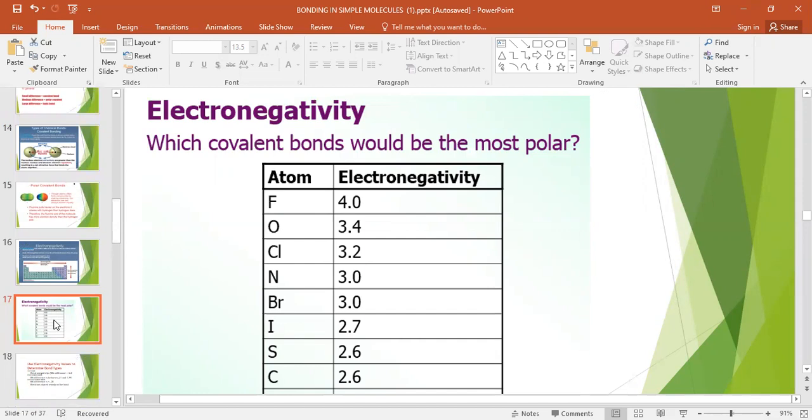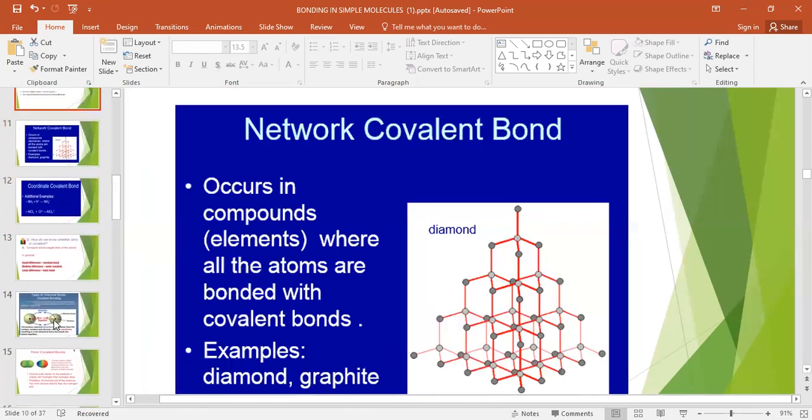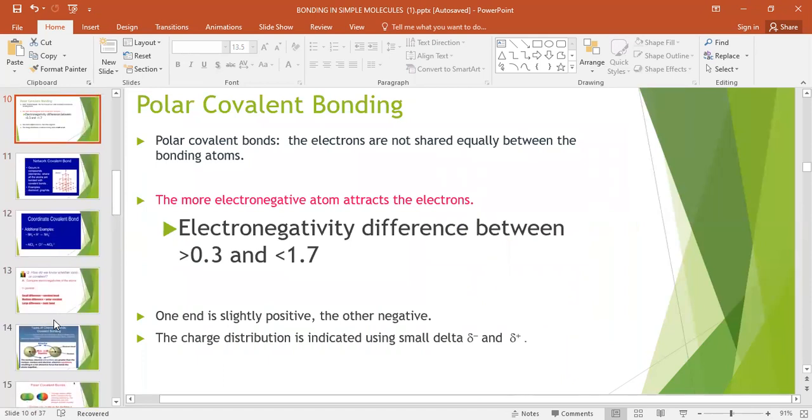So you have to write it like this: 3.2 minus 2.2. What is your answer? It's 1. So it's polar. So this is the third difference between polar and non-polar. See, this value is between 0.3 and 1.7.